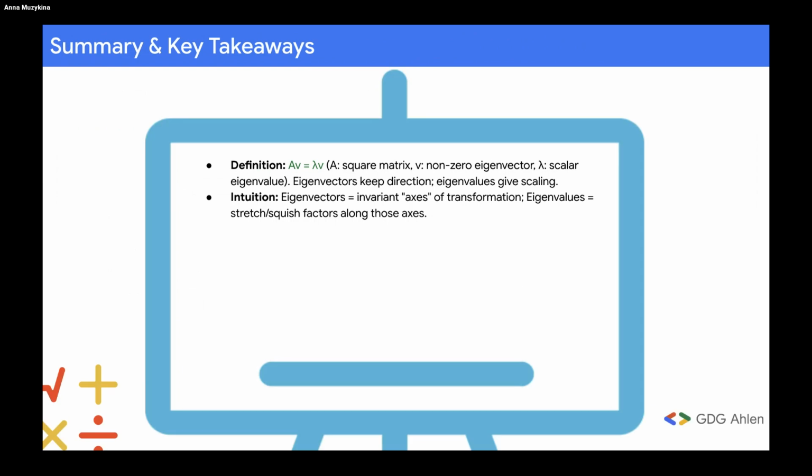Geometrically, eigenvectors represent the invariant axes of transformation, and eigenvalues represent the scaling factors along those axes.